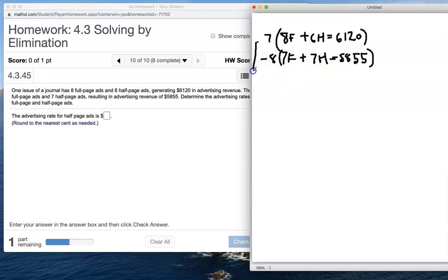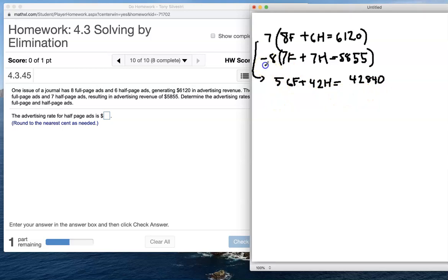So let's rewrite these equations. This is the top equation: 56F plus 42H is equal to 7 times 6120. So thank goodness for the calculator. 6120 times 7 equals 42,840. Okay.